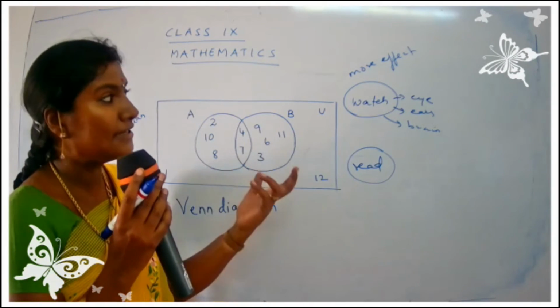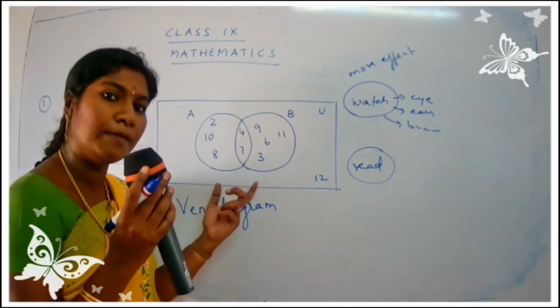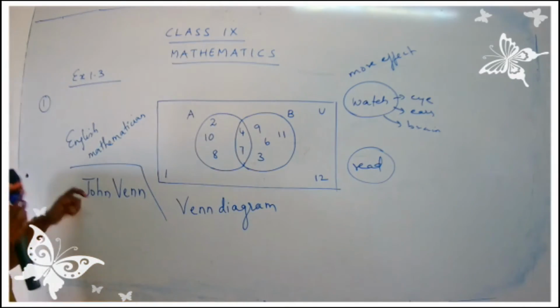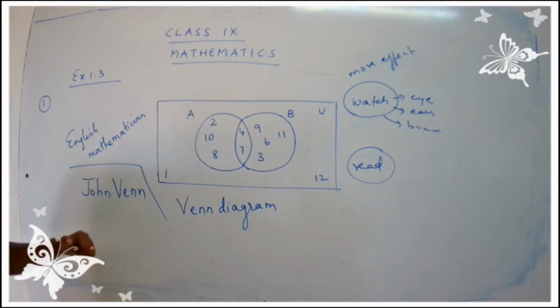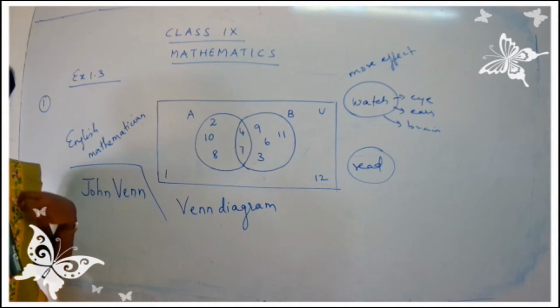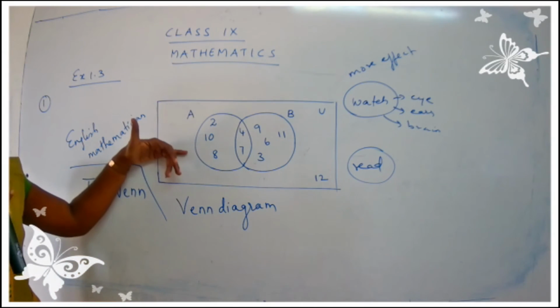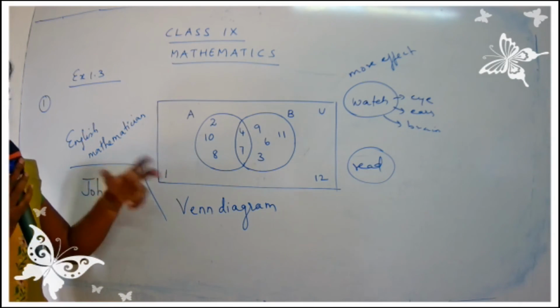When you see something in the form of a movie, you never forget it. So John Venn discovered the Venn diagram so that it would be more effective and we would be able to understand the set relation very clearly.